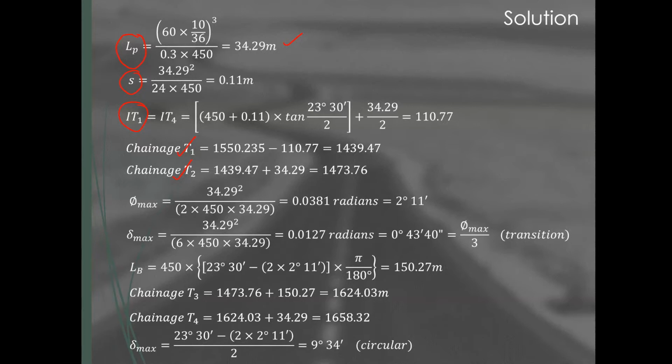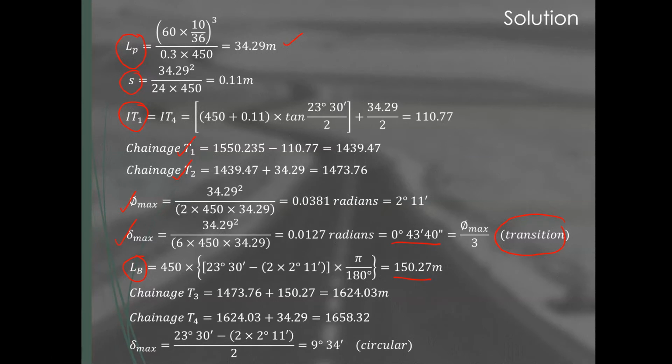Then phi max, the maximum deflection angle, delta max, for the transition, which is 43 minutes 40 seconds. Then the length of the circular curve, LB, which is 150.27.